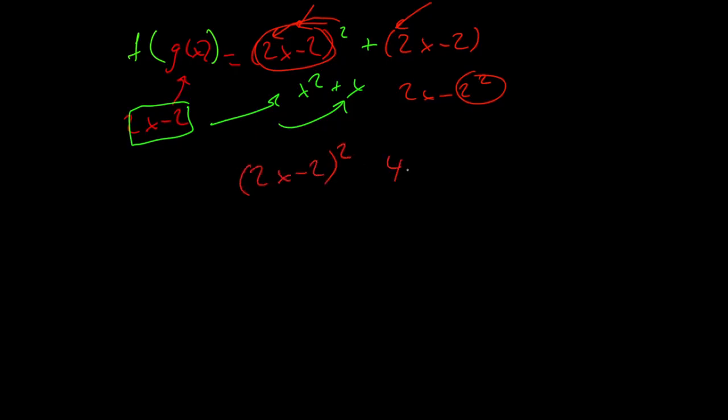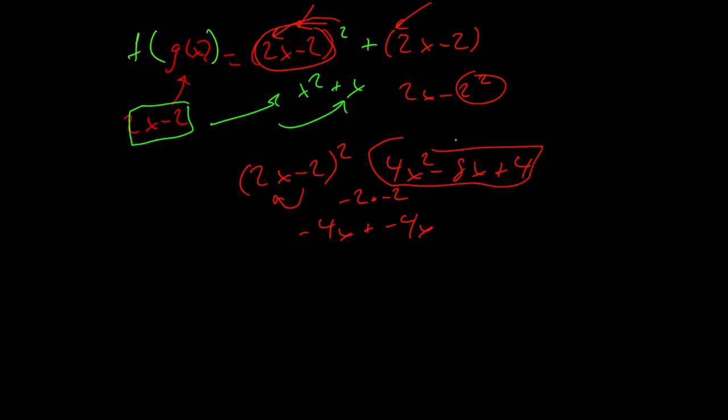So you have 4x squared, minus 4x minus 4x, you get minus 8x. And then negative 2 times negative 2 is plus 4. So now this would be our composite function.